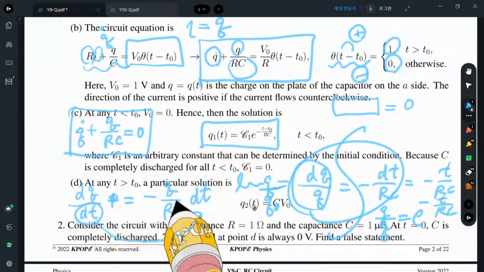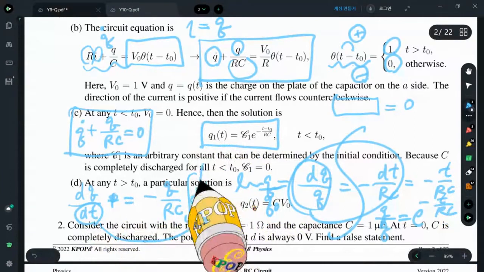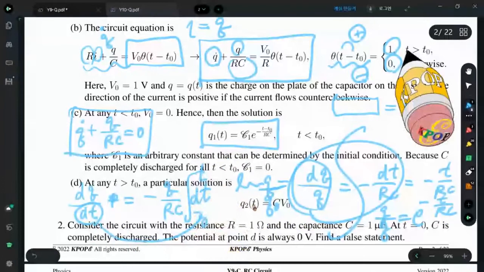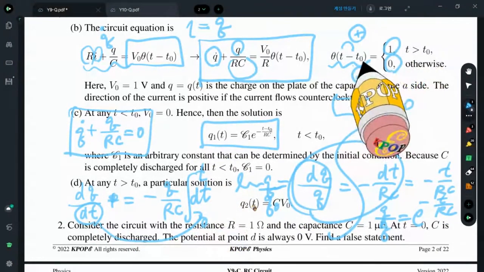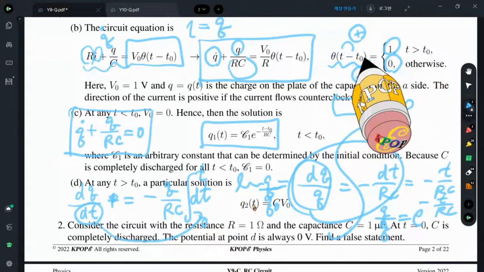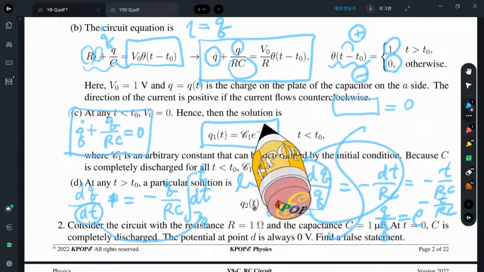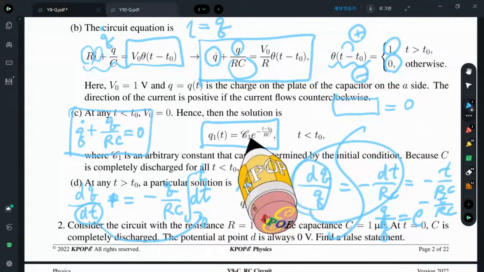Here, in this case, I have integrated from 0 to t, but now we need to evaluate this from t0. So that's the reason why I used the subtracted value t minus t0.